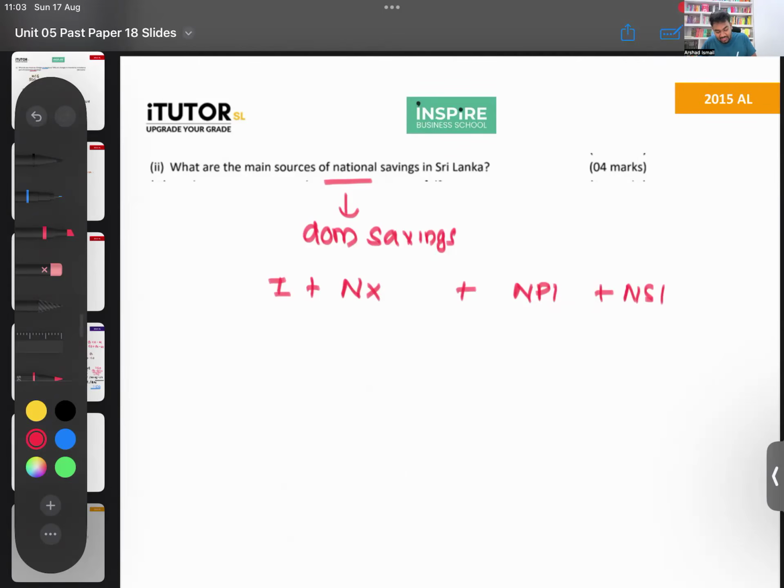You can write it like this: household savings, business savings, government savings, all of that is domestic savings, no? Plus net primary income plus net secondary income. So write those one under the other. That should be okay. Those are the sources. Sources means where does it come from? So national savings comes from household savings, business savings, government savings, net primary income, and net secondary income. I feel this is a better approach, but even if you give this, you should get your marks. Okay. Done.